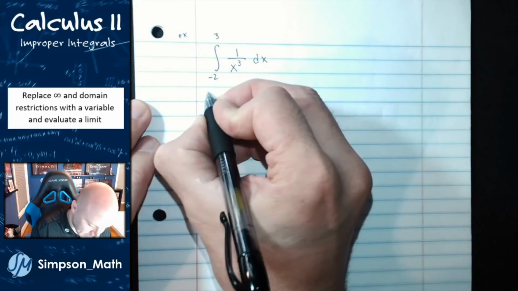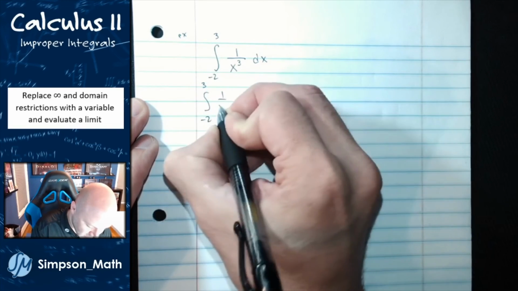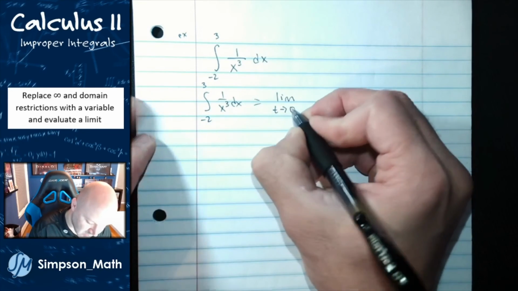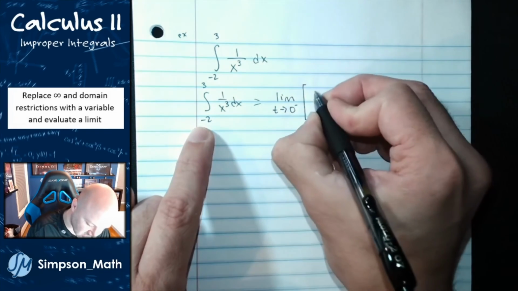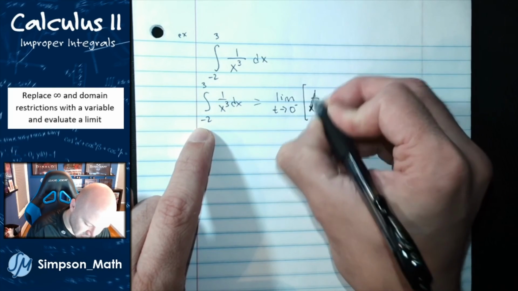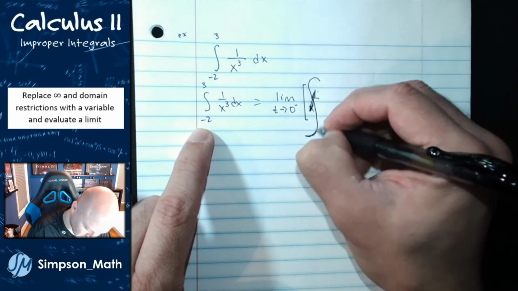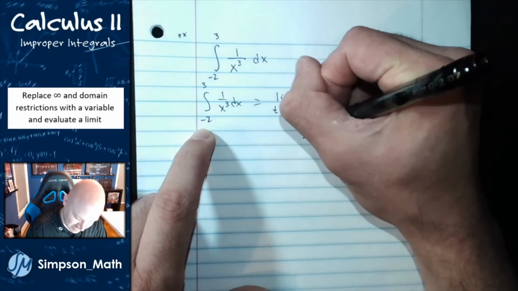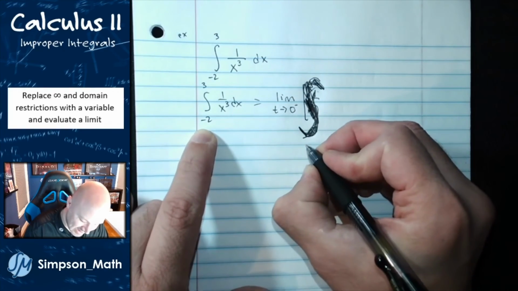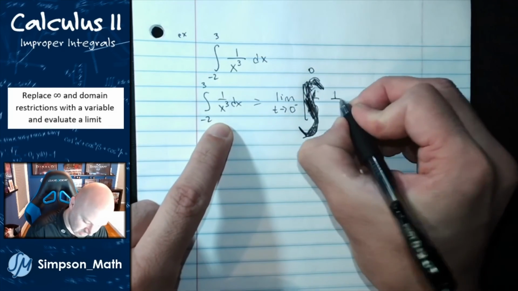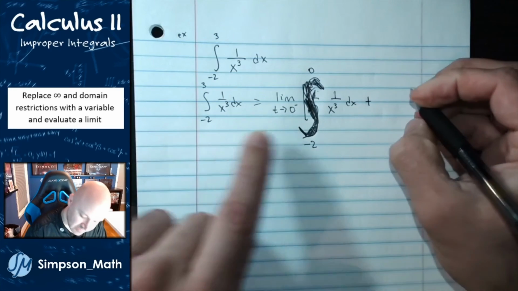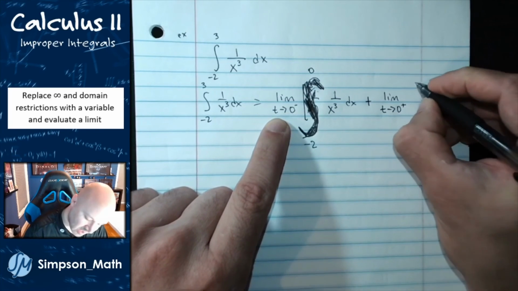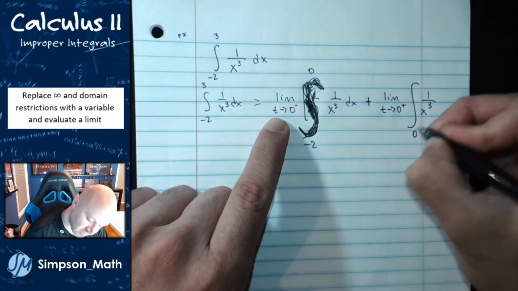What I mean is, the integral from -2 to 3 of this function is the same thing as the limit as t approaches 0 from the left of this integral from -2 up to 0 of this function, plus the limit as t approaches 0 from the right of that same integral from 0 to 3.